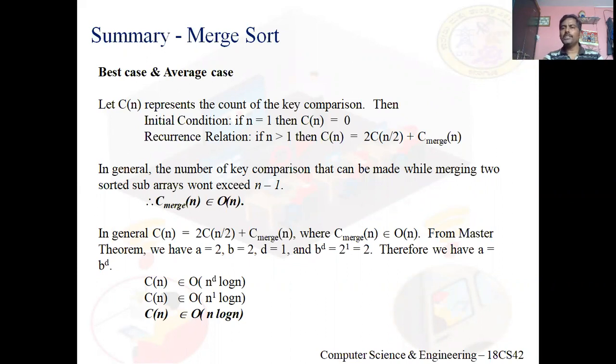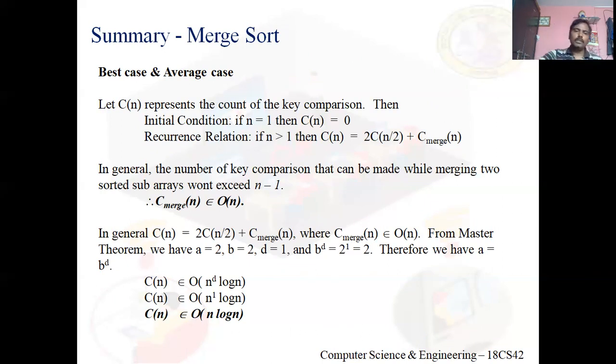Let me call it in general C merge of n. The number of comparisons in merge never exceeds n minus 1. So C merge of n, I can call big O of n.